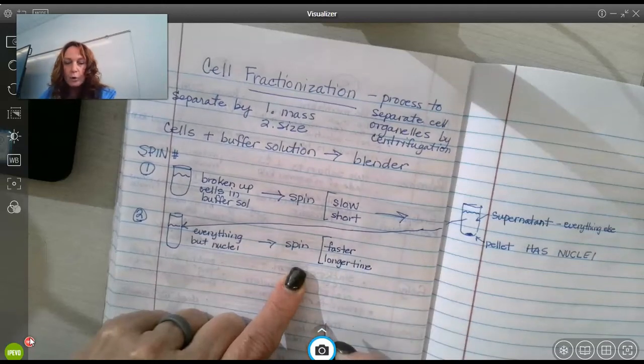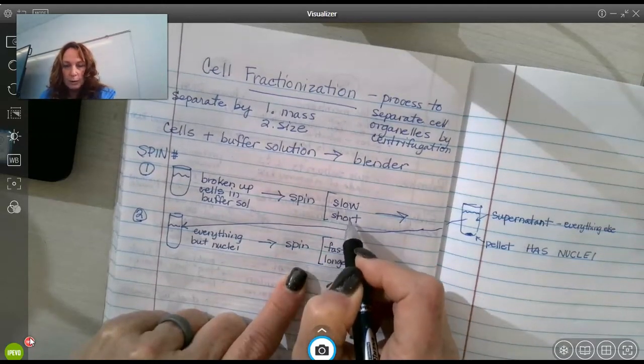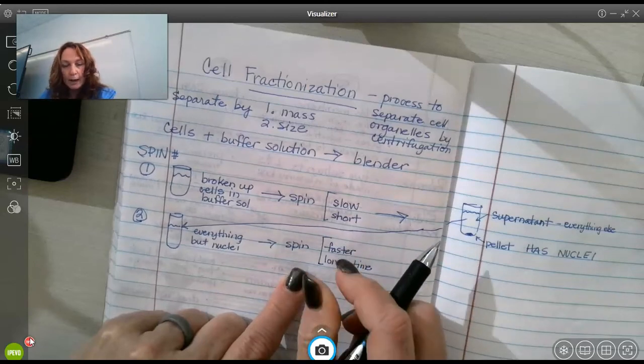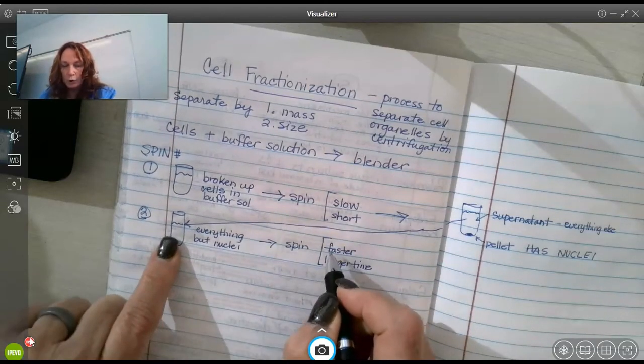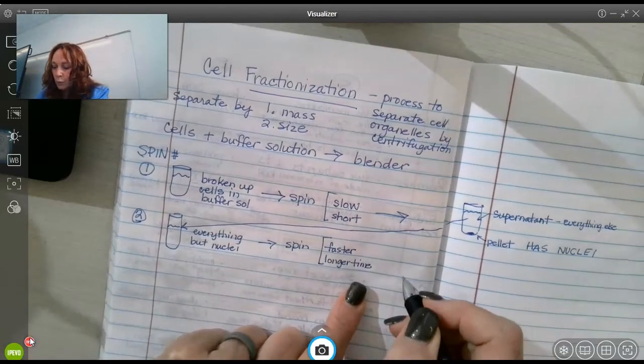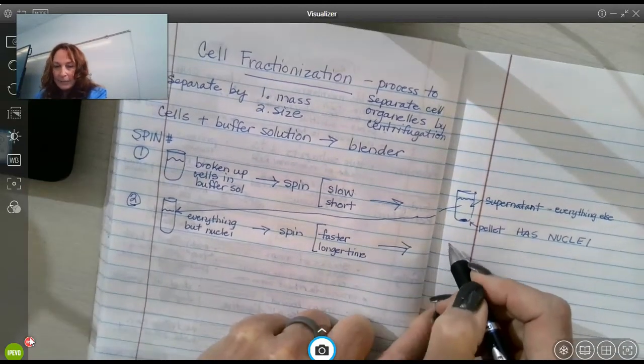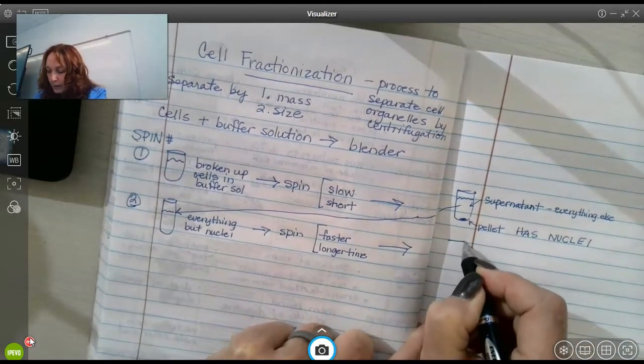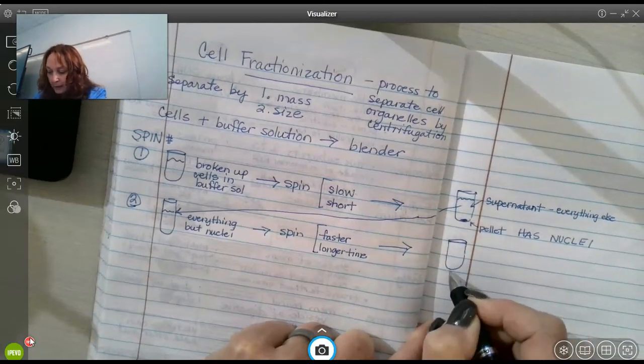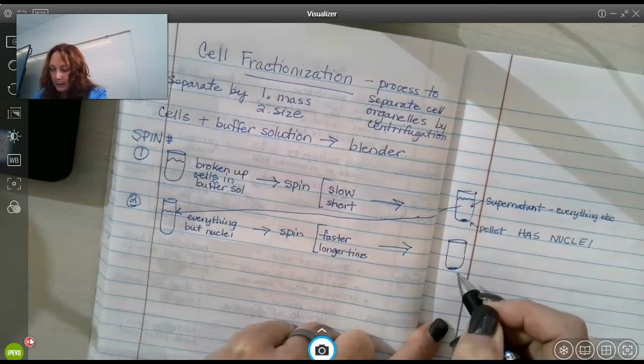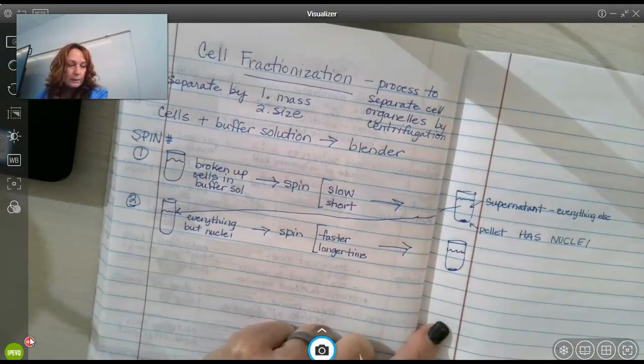You're going to turn the centrifuge up, and you're going to let the tubes spin longer. When you're done, you get the exact same conformation. You'll have a pellet. There's always a pellet and a supernatant.